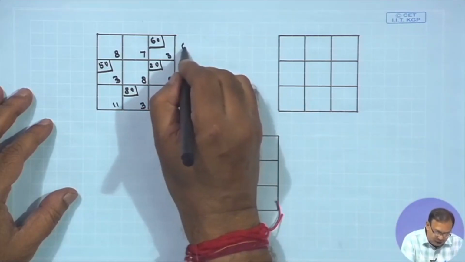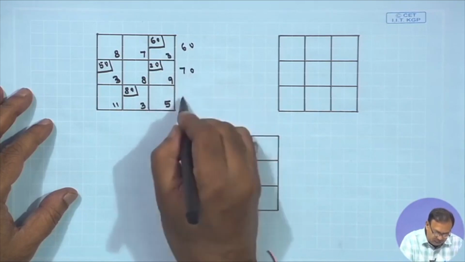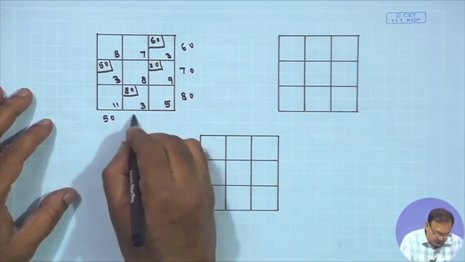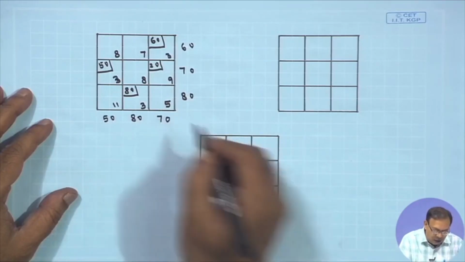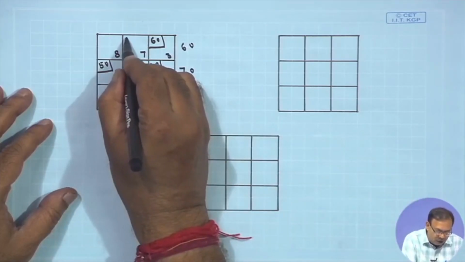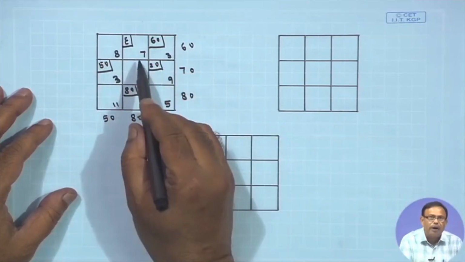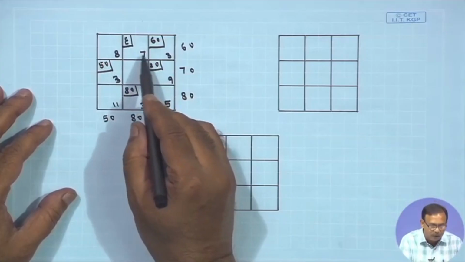These values are 60, 70, 80 and 50, 80 and 70. Now, you assign a small quantity epsilon in one unoccupied cell. Suppose I am assigning it at 1, 2.